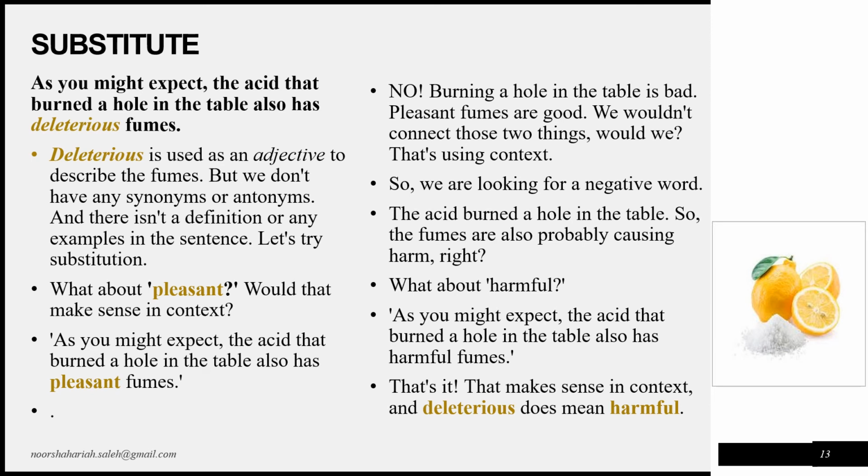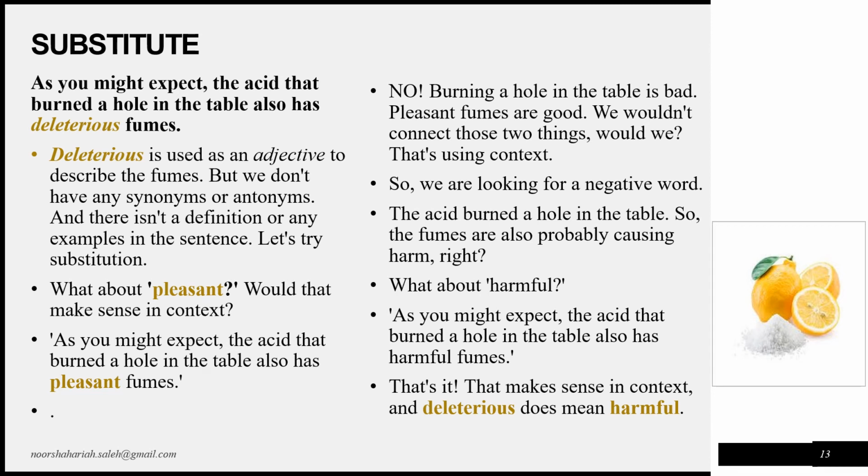First, what if we try to replace the word deleterious with pleasant? Will it make sense? Let's say we replace it in the sentence: As you might expect, the acid that burned a hole in the table also has pleasant fumes.